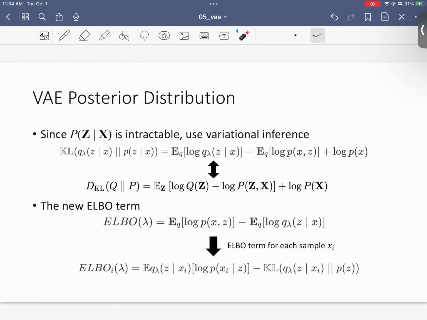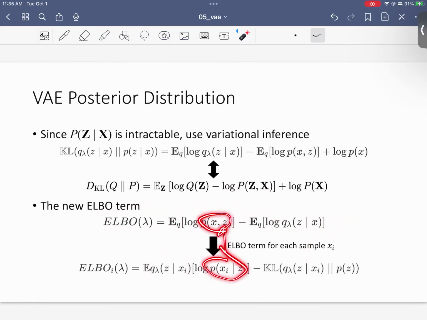Yeah, this is the same thing. These are just the new ELBO terms. And if we look at the autoencoder part, and try to make it look more like an autoencoder, taking X, this Q becomes this, and P becomes this, and Q becomes this. So you can see that this has changed.